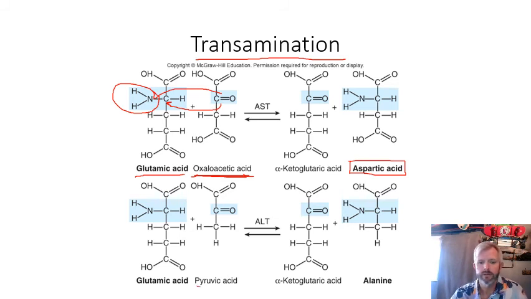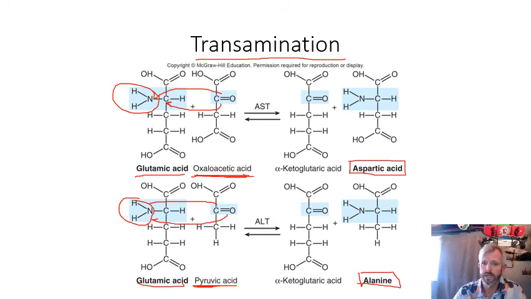Here, another one of our cellular respiration intermediates, pyruvic acid. Again, we've got glutamic acid donating the amine group. We're swapping there to there. And when we add the amine to pyruvic acid, we create alanine, another non-essential amino acid.